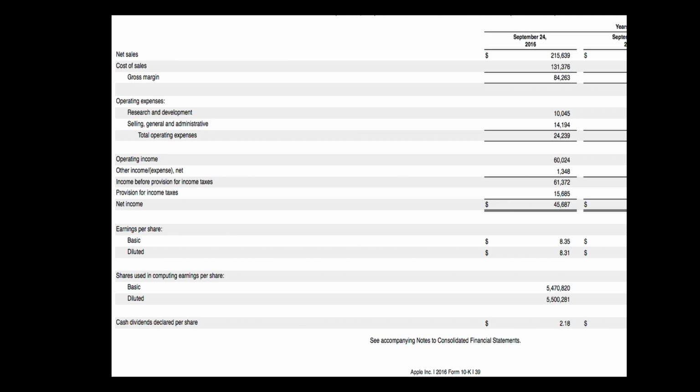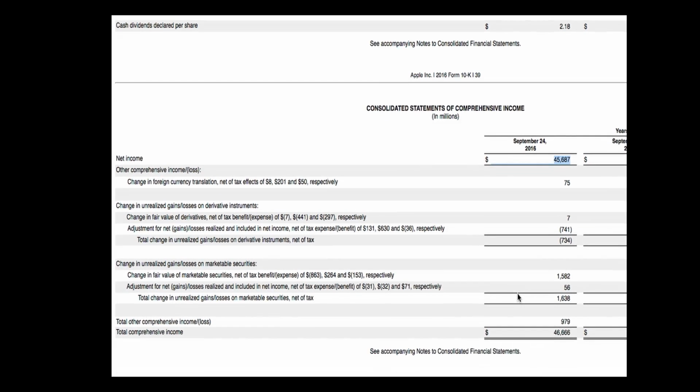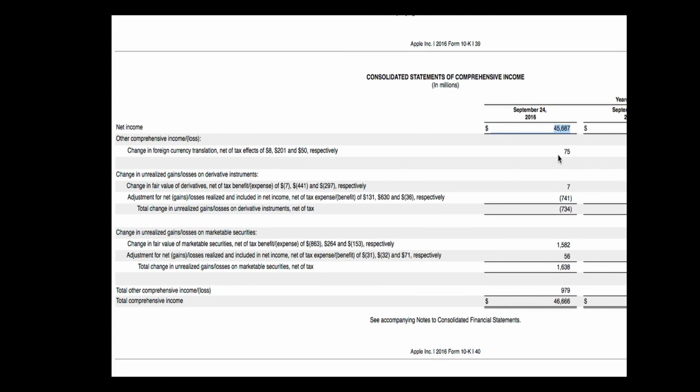In this case, we take the net income and we can follow it into the consolidated statement of comprehensive income. The statement of comprehensive income is a bit different because it has some additional items on it.